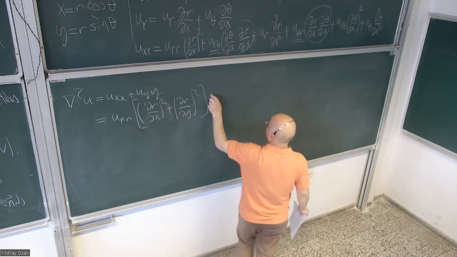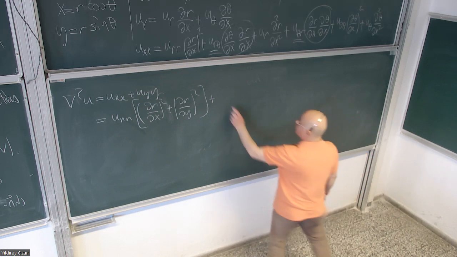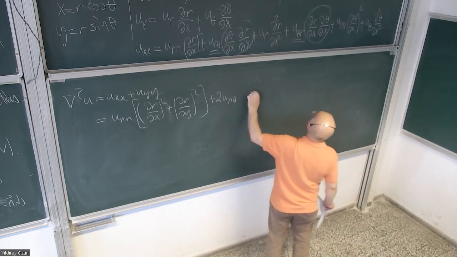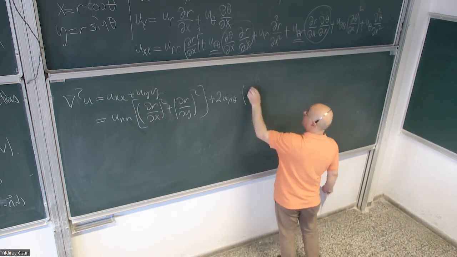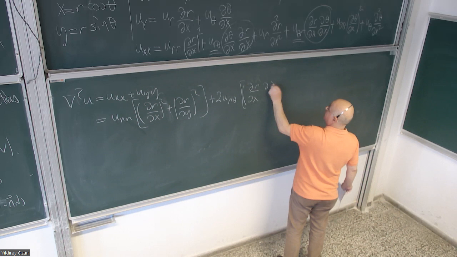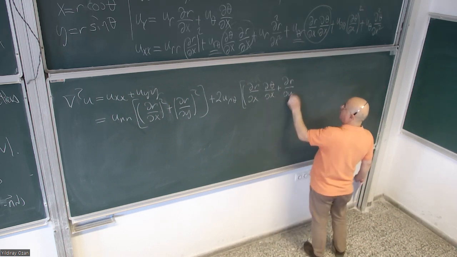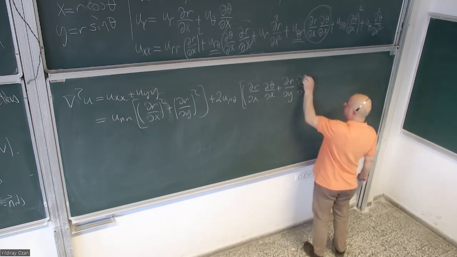And then we will have, to u sub r theta, I will have del r del x, del theta del x plus del r del y, del theta del y.